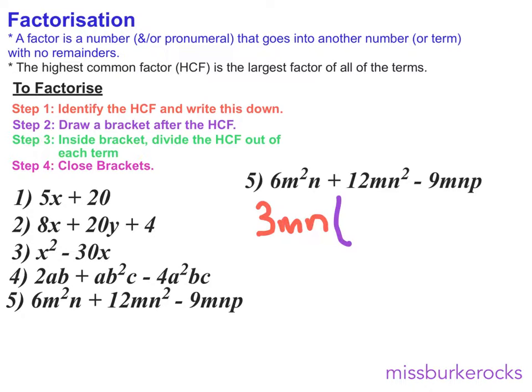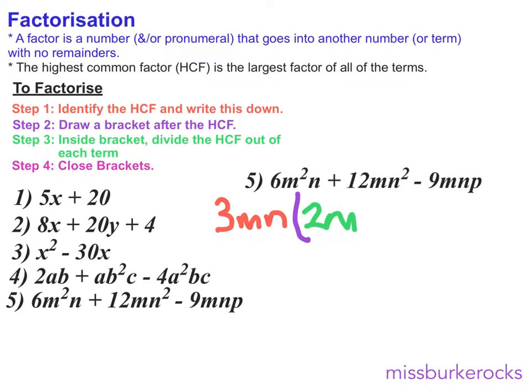And now we need to divide out our highest common factor out of all of our terms. So 6m squared n divided by 3mn gives me 2m. Oops, I think I'm going to run out of room, so let me just move all of these a little bit. There we go.